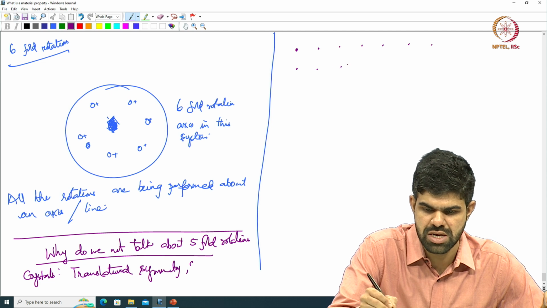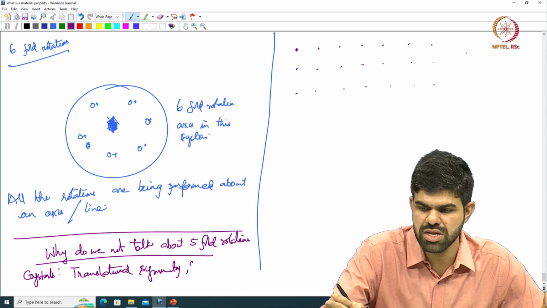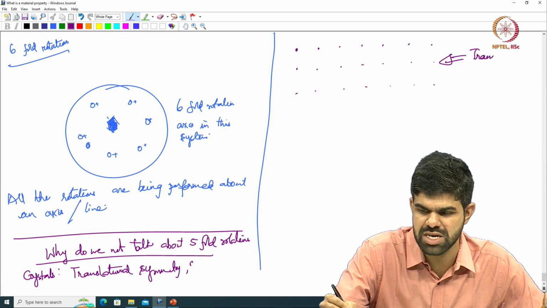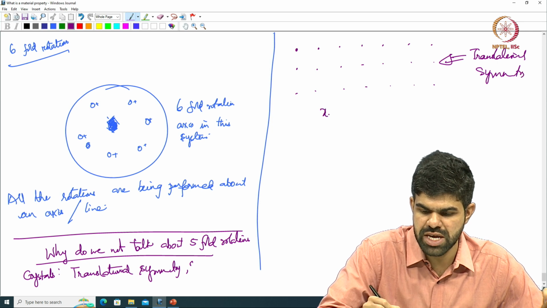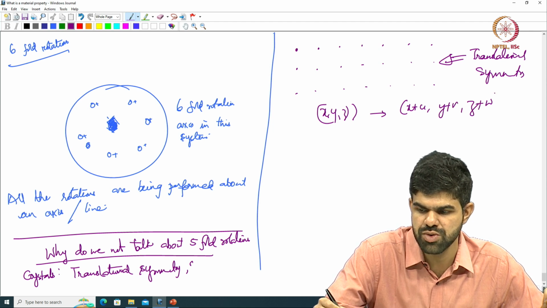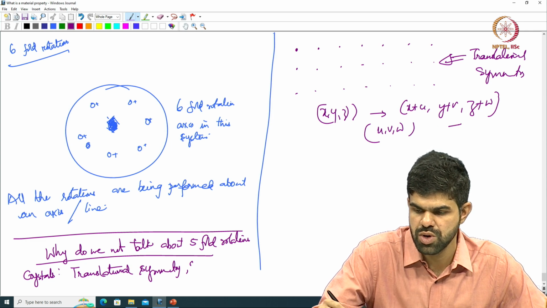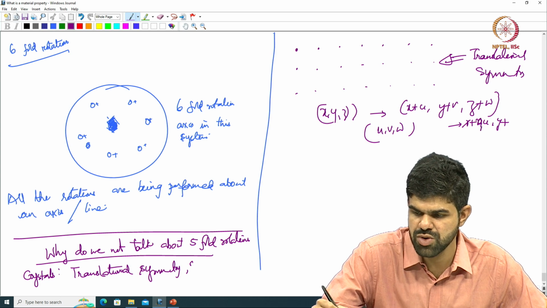So this is what is a lattice, right. So there is going to be a translational symmetry, or if I have an object at x, y, z, I should have the same object at x plus u, y plus v, z plus w, and similarly x plus n1 u, y plus n2 v, z plus n3 w, right.